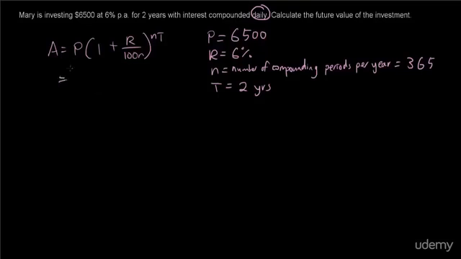So putting all that into our formula, we have 6,500 times 1 plus R is 6 over 100 times 365. Notice times 365 is at the denominator of the fraction, times 365 times 2.